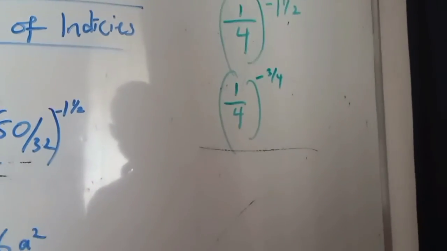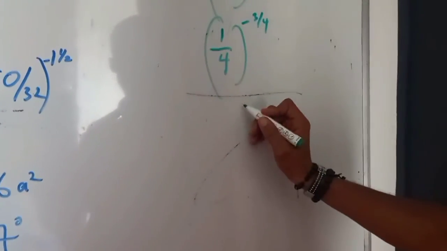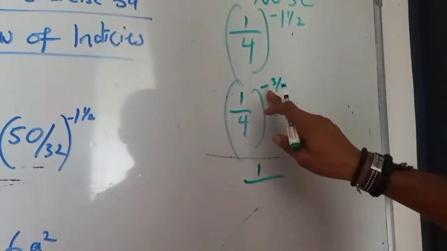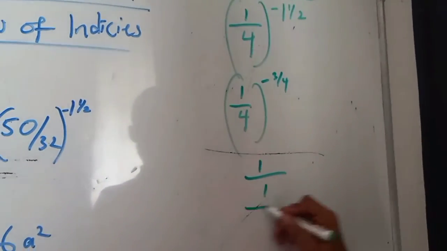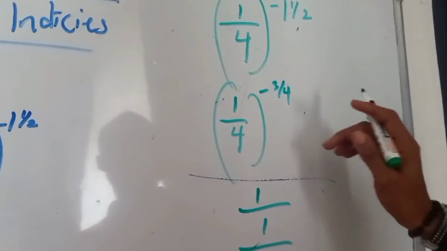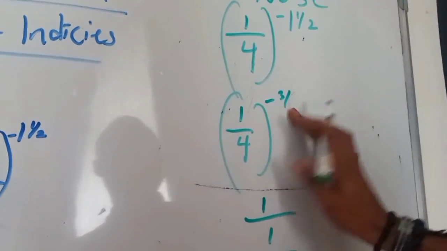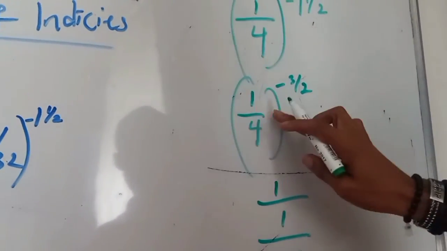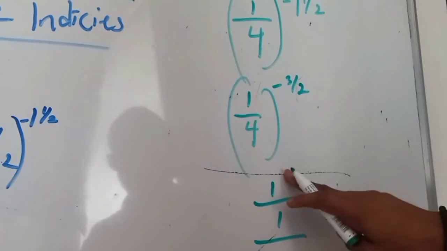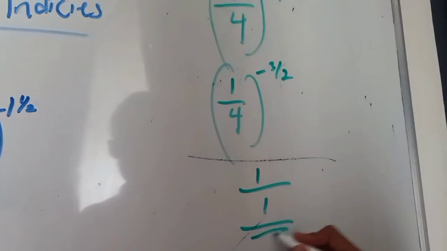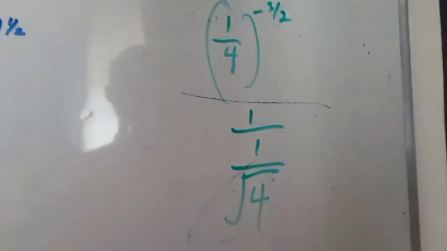Which means 1 over, this negative sign is 1 over the square root of 4.